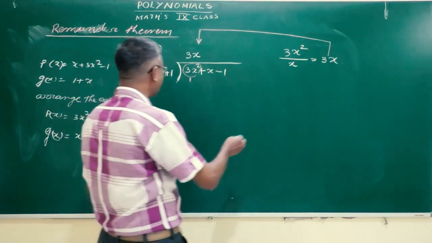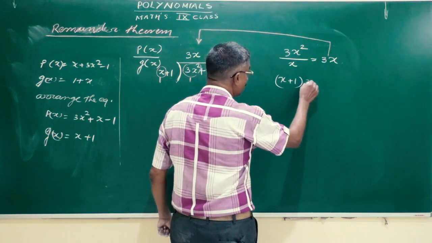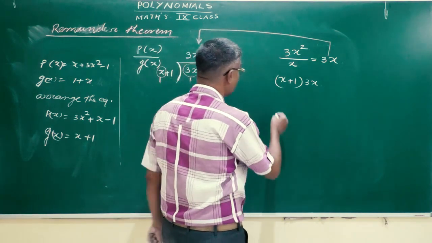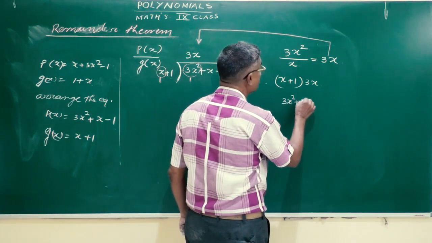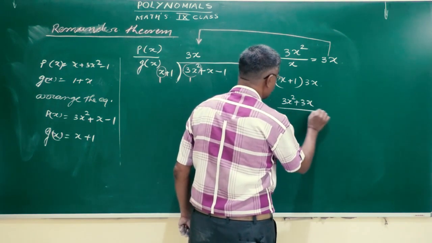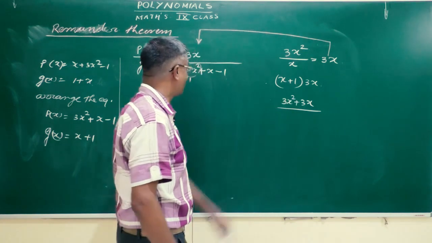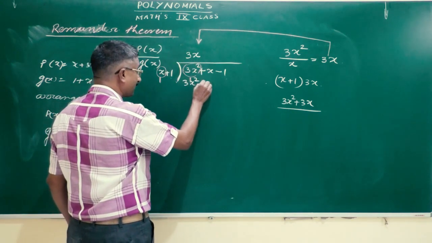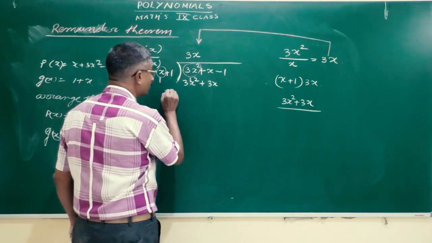Then what I am doing: I am multiplying x plus 1 into 3x. I am multiplying this 3x into this term. So what I will get is 3x square plus 3x. Clear? I will subtract this.